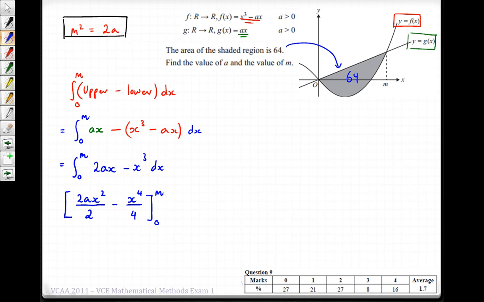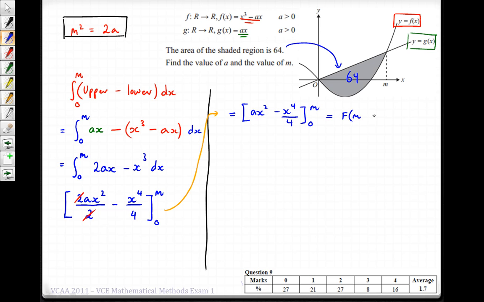Now, this 2 and this 2 will cancel. So what we'll be left with up here is ax squared minus x to the 4 on 4 evaluated between 0 and m. Again, our fundamental theorem of calculus says that's the same as F of m minus F of 0, where F dashed equals f, our previous one.